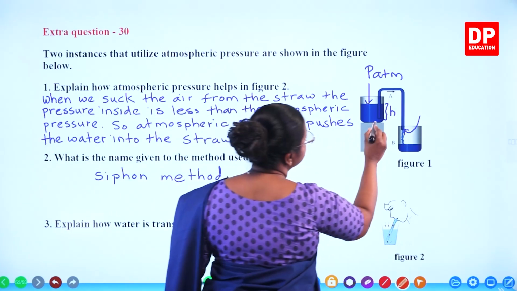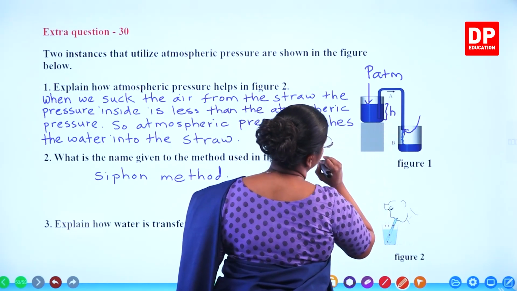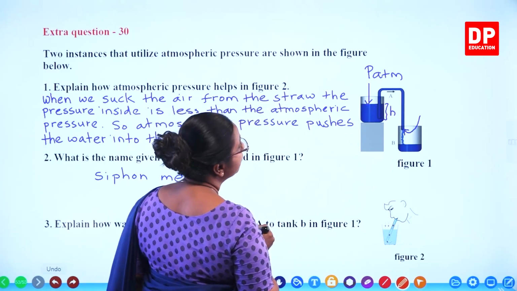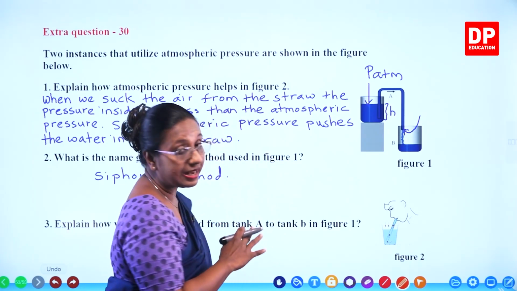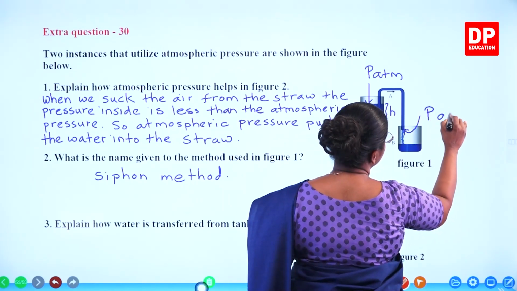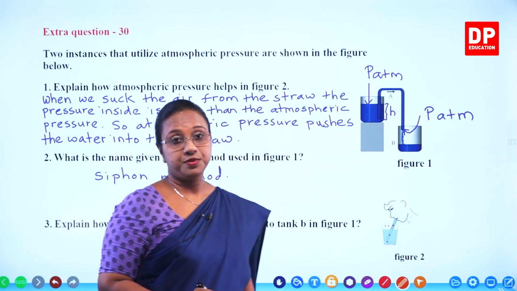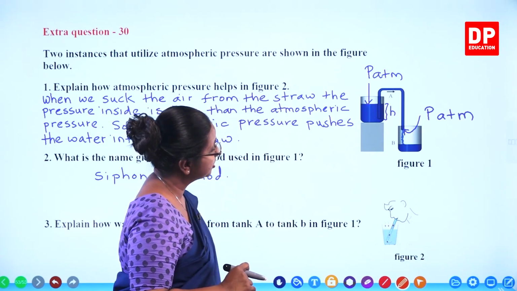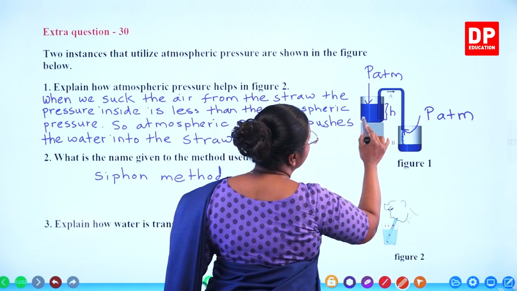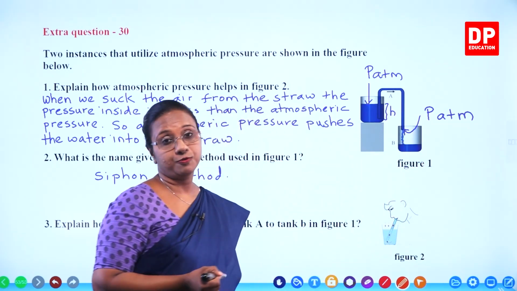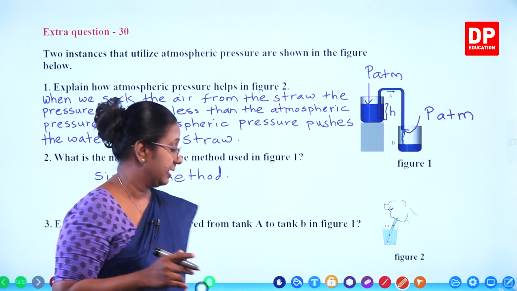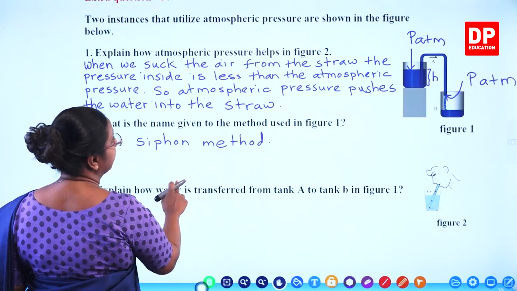So the pressure at this end of the tube is the atmospheric pressure plus the pressure exerted by this water column. That pressure is greater than the pressure acting here, because there it is only the atmospheric pressure. When there is an excess pressure at this end of the tube, that pressure pushes the water down. That is how water flows out from tank A into tank B. That is what we need to explain here.